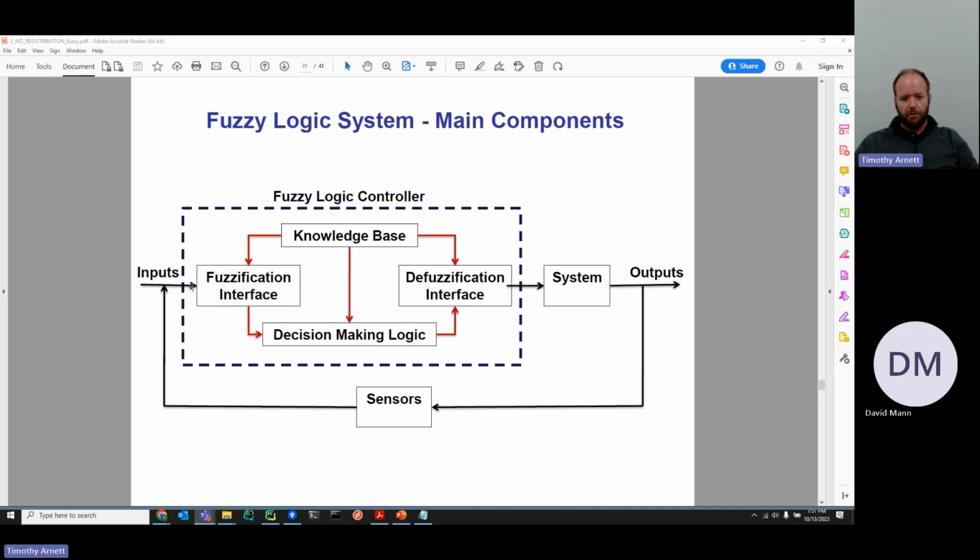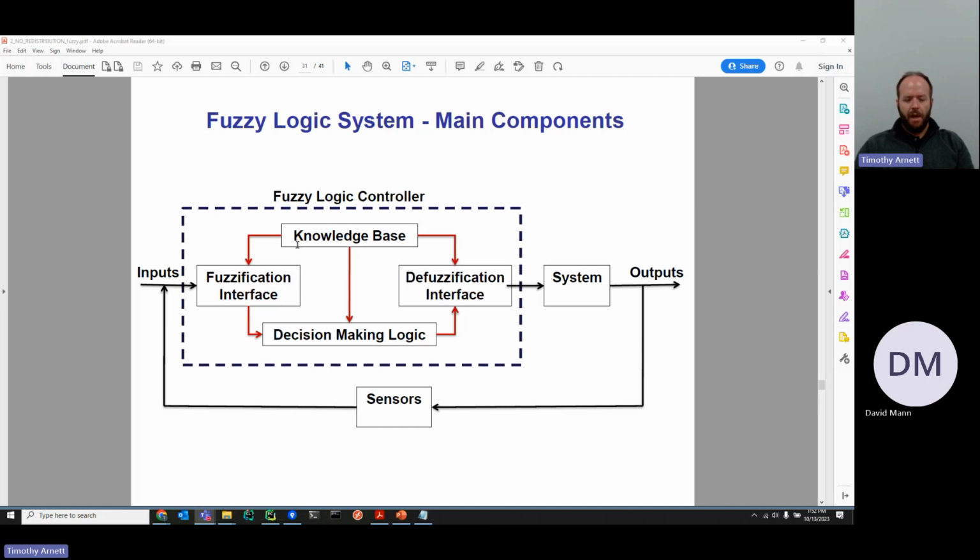And your fuzzy logic controller then takes those inputs and puts them through what is called here a fuzzification interface, or it fuzzifies that information. And it does this by taking those measurements and evaluating the membership of those measurements in the sets in your input space.